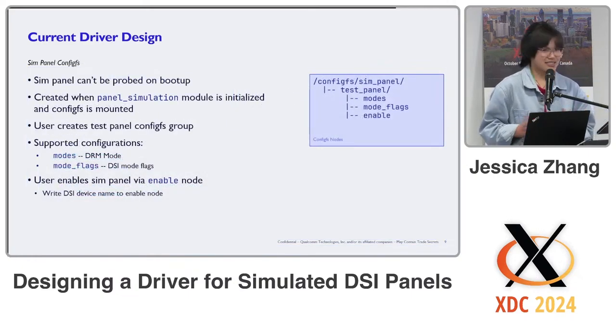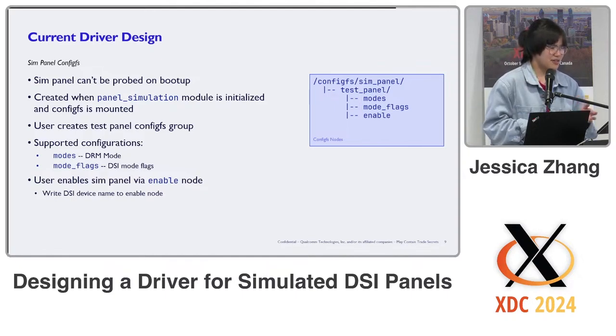And the second part is just the SimPanel driver itself. The MIPI DSI driver ops are pretty similar to that of a real panel. The major differences are how and when the panel is probed, and also the configfs. So the SimPanel can't be probed on boot up. You actually have to probe it explicitly yourself via a configfs node.